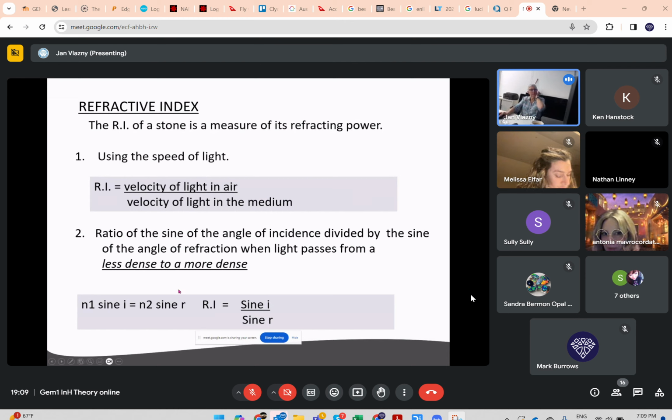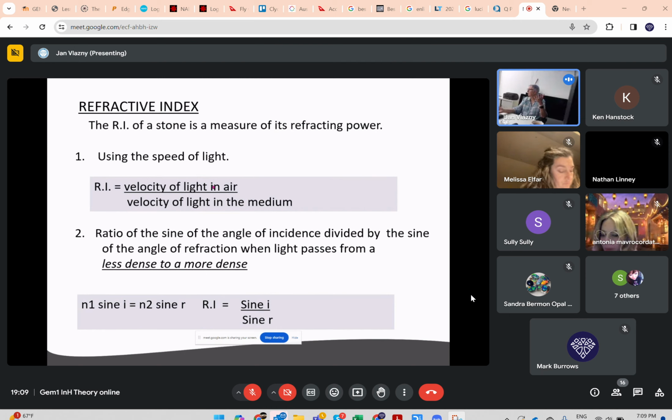Now in a question there are 3 parts to that. If you've got any 2, you can work out the other one. So in an exam, if they gave you the velocity of light and an RI, you'd be able to work out what the velocity was in the medium. They might give you the RI and the velocity in the medium, and you'd have to work out the velocity of light in air. But do we know what that is?